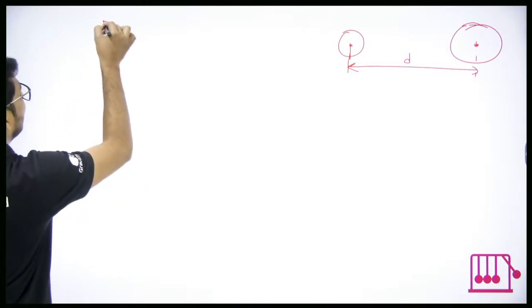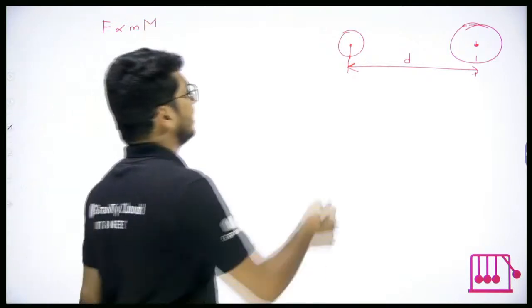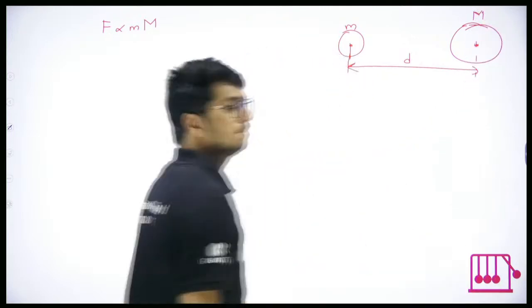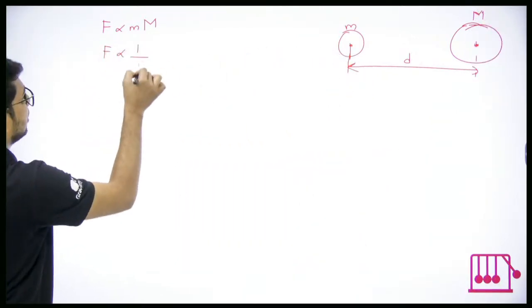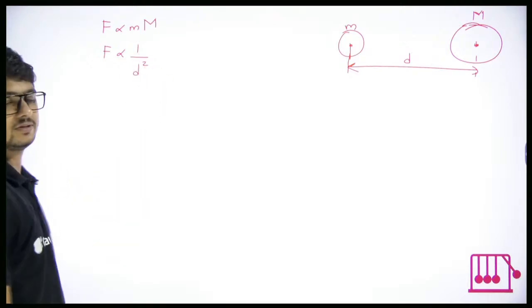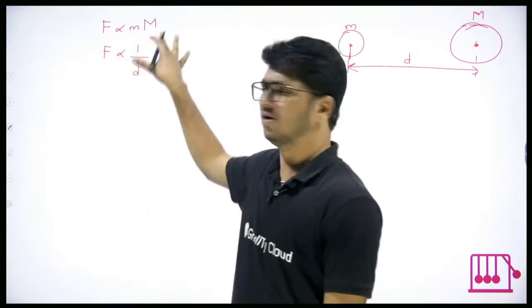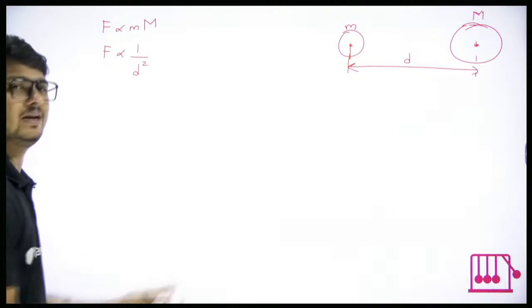So we got that the gravitational force is proportional to the product of their masses, right? You multiply them, so proportionality. And it is inversely proportional to the square of the distance. So once you get all the proportionality conditions, you just directly multiply them.